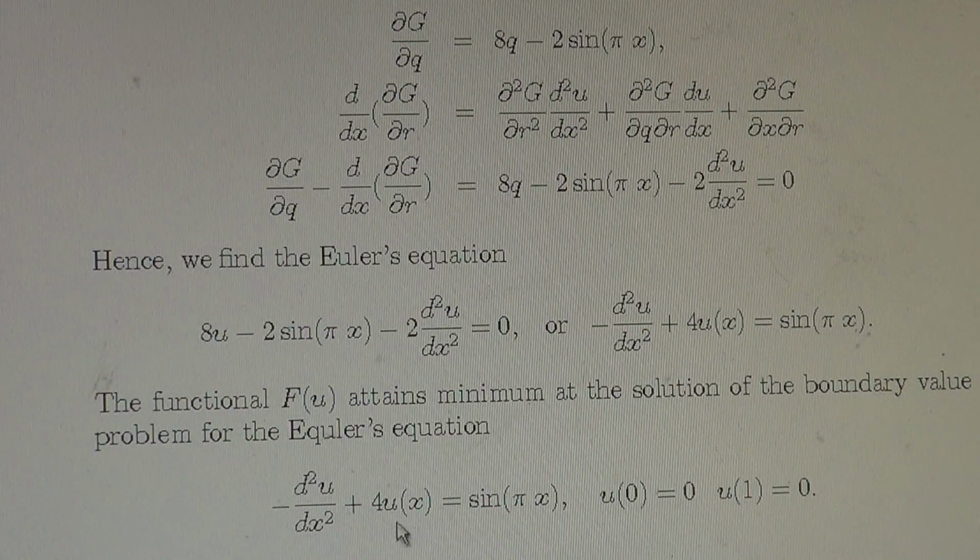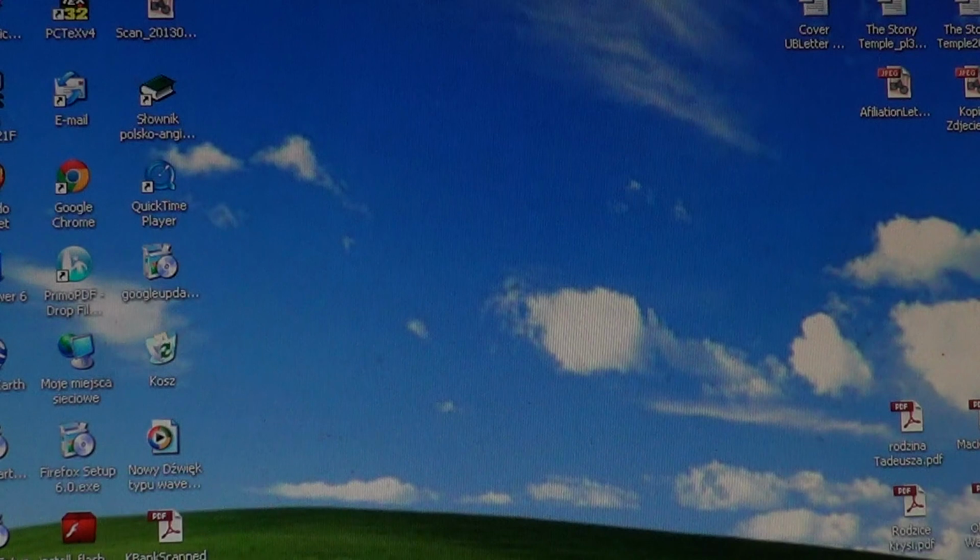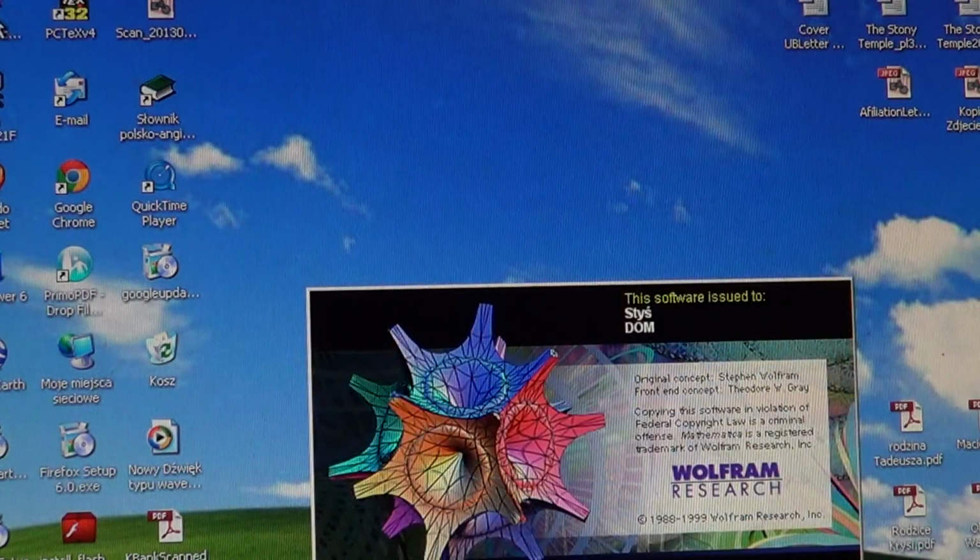One can solve it using pen and paper to get more experience in calculations. Here we shall solve this boundary value problem using the Mathematica system for doing mathematics. Let us go to the Mathematica system.